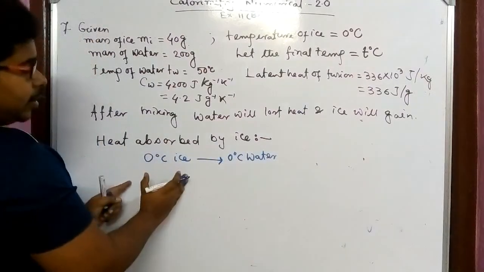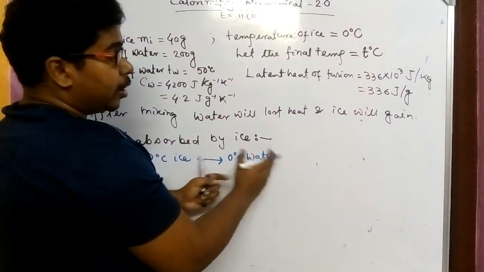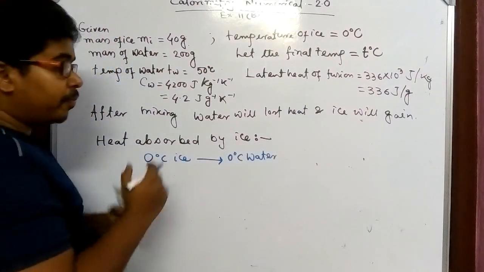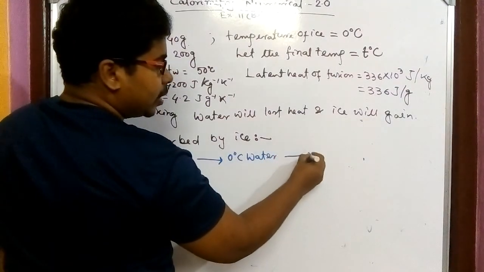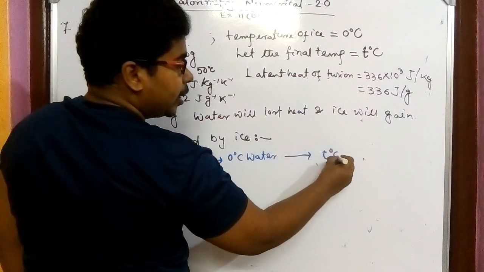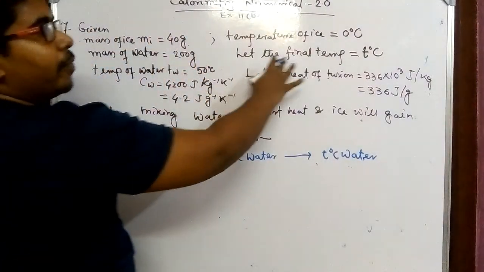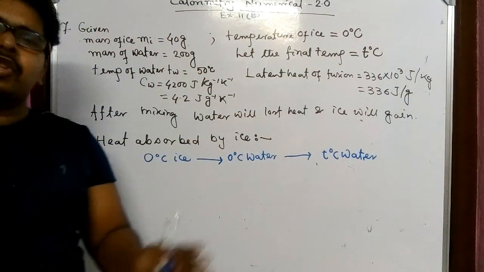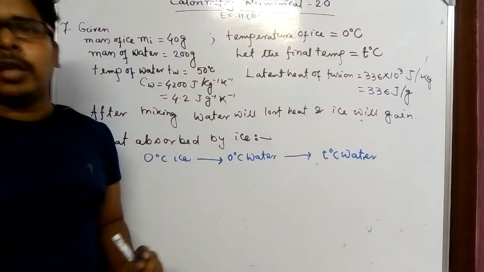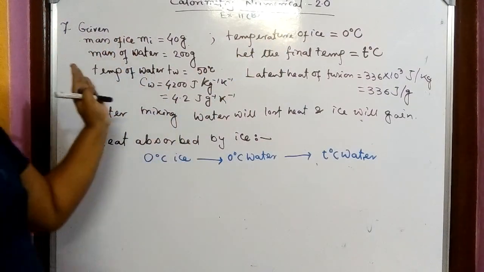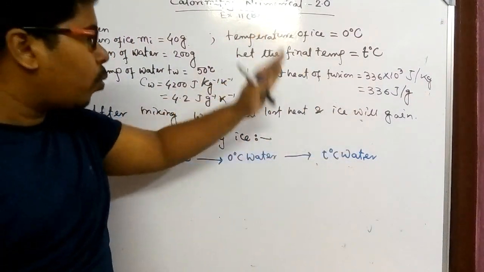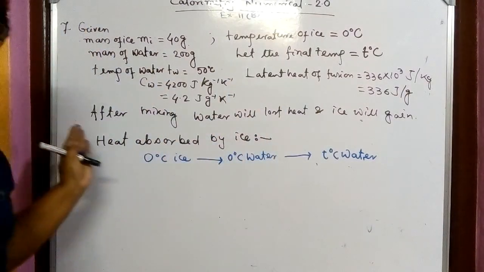So 0 degree centigrade ice to 0 degree centigrade water, first step, and then 0 degree centigrade water to T degree centigrade water. Now you might be asking, sir, why T degree centigrade? Because we have assumed that the final temperature of the mixture will be T degree. So that ice also goes to T degree centigrade and that water also comes to T degree centigrade.